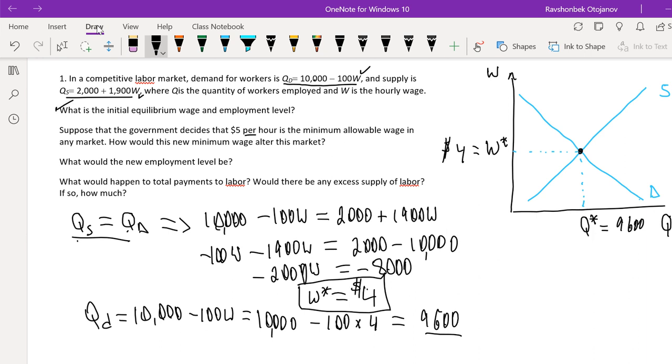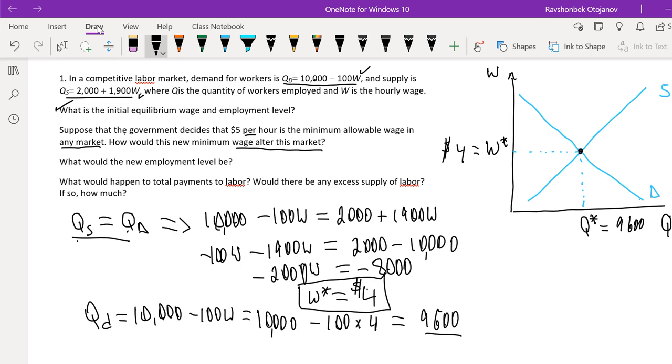The next part is this. Suppose that the government decides that $5 per hour is the minimum allowable wage in any market. How would this new minimum wage alter the market? This is something called a price floor, the minimum rate that employers will be required to pay.